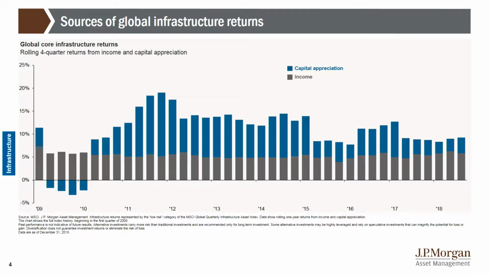The first is that those gray bars, which represent the return that you would have gotten from income, are relatively stable, right? Year in and year out, getting around 5-6% yield from this overall infrastructure asset index. The capital appreciation ebbs and flows with the economic cycle. To me, that's kind of a nice to have.